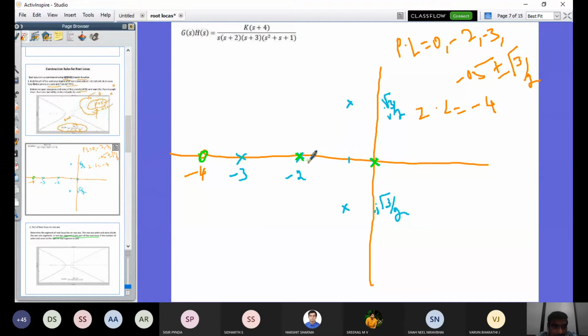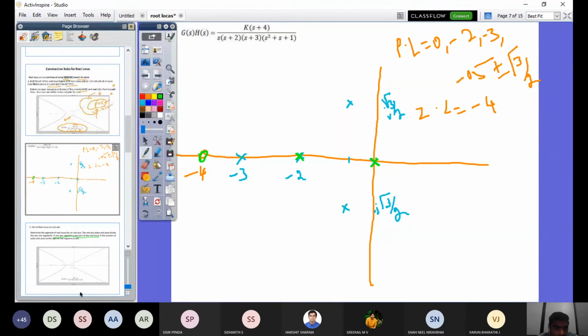The real axis poles and zeros divide the axis into segments. The part of the segment will be involved in the root locus when the number of poles and zeros in the right half of the segment is odd. Now the first pole is starting here. Consider only this pole.